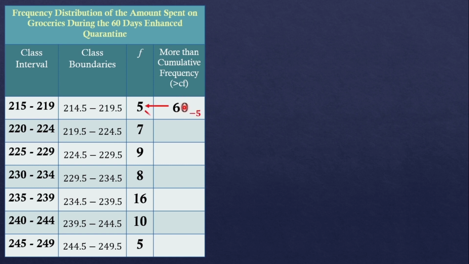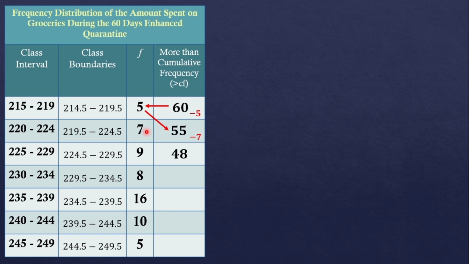So that is 55. So kanina, inadd natin kung ano yung data natin dito. Inadd sa mga susunod. So dito, start tayo sa total. Then, i-minus natin yung frequency. So 60 minus 5, ilalagay po natin dito yung sagot. So that is 55. Then, i-minus natin sa 7, 55 minus 7, then the answer is 48.